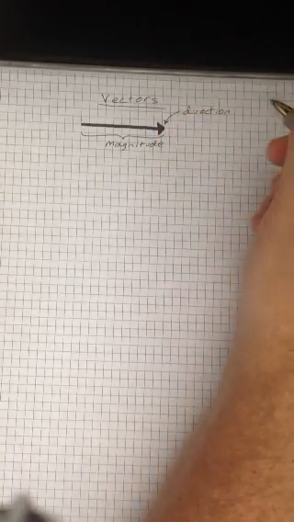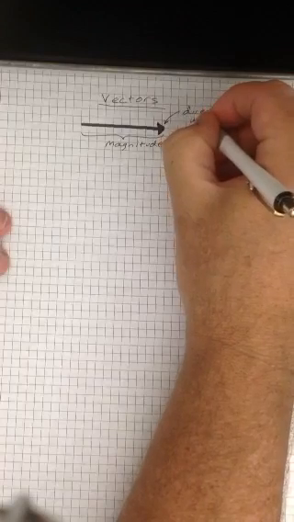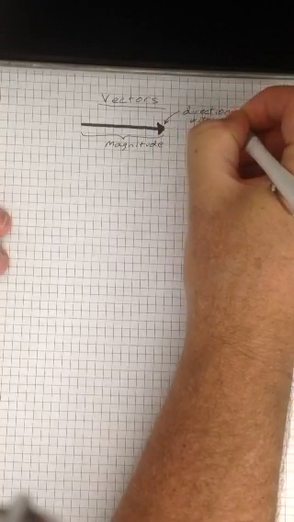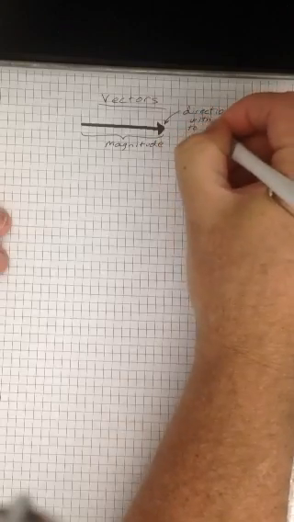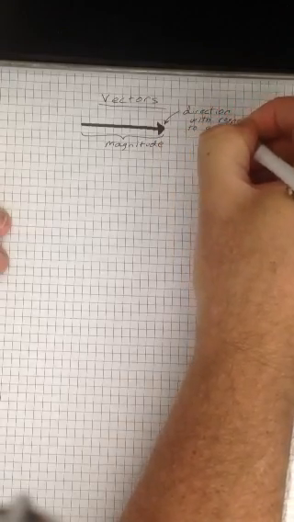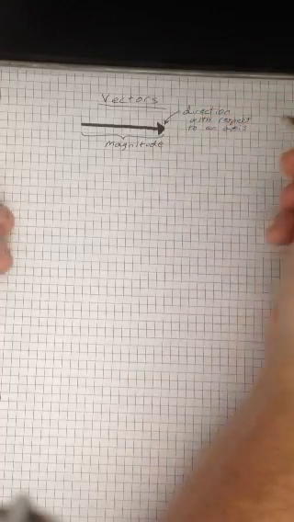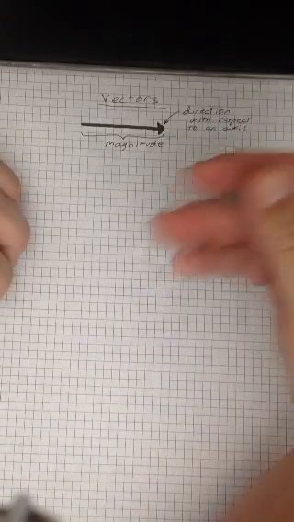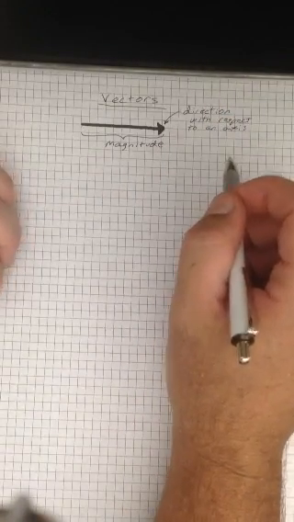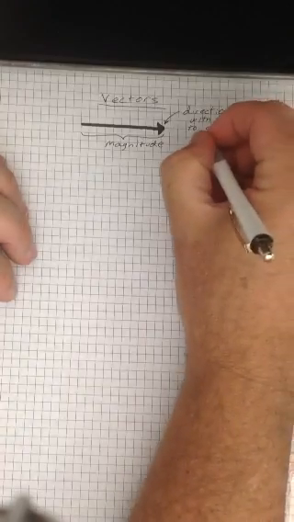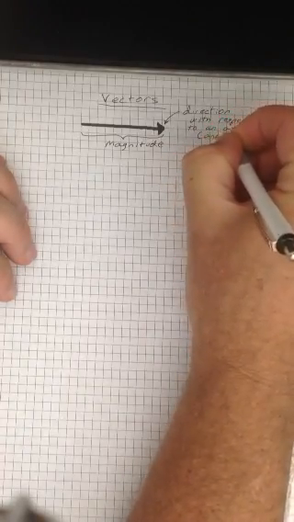Typically this direction is with respect to an axis. So we specify what axis it's on, and then we can determine what that is. Usually it's listed as an angle.